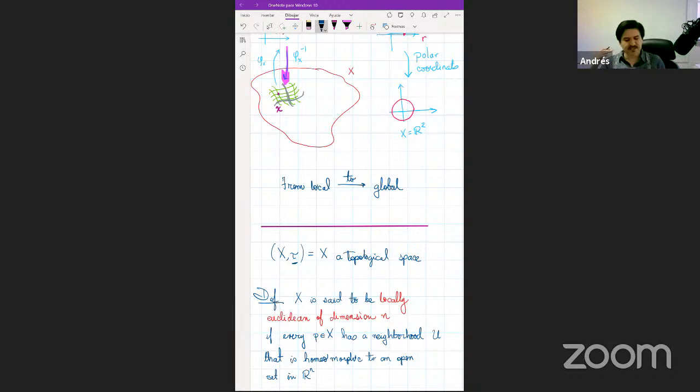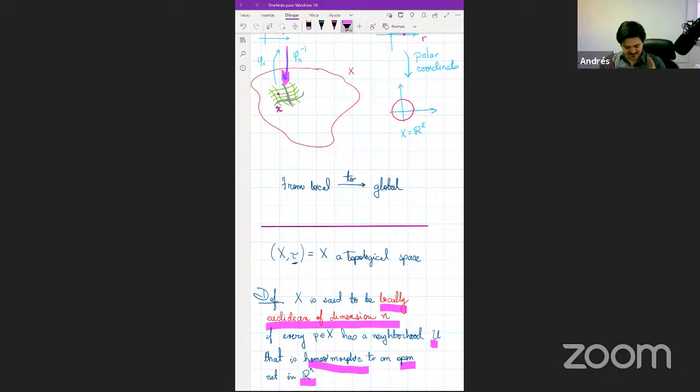Again, you can think X lies in Rn. X will be the two-dimensional sphere or the circle. And then X is going to be called locally Euclidean of dimension n if every point has a neighborhood U that is homeomorphic to an open set in Rn.